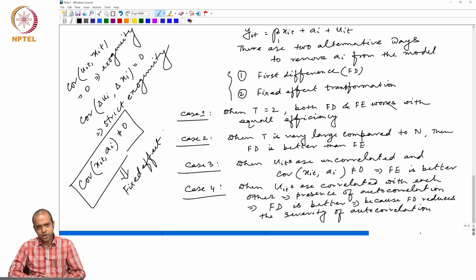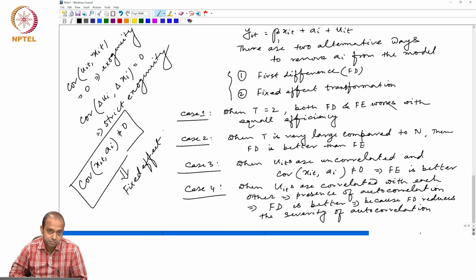But sometimes it may so happen that in your model there is unobserved heterogeneity, but that unobserved heterogeneity is not correlated with the explanatory variables. What do you do in that context? Do we really need to eliminate AI? There is unobserved heterogeneity. We cannot actually measure that AI that is there in the model.